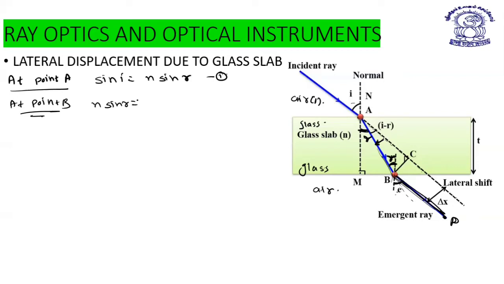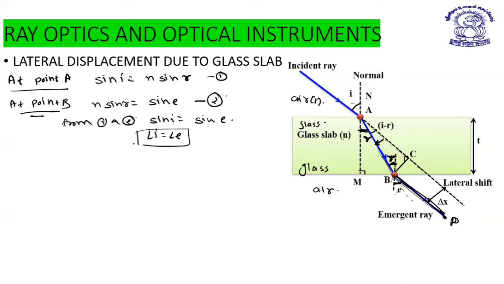So n sine r can be written as sine E. This is equation 2. From 1 and 2, we can write sine I is equal to sine E. So angle I is equal to angle E.